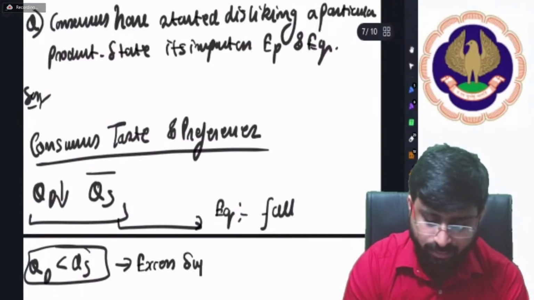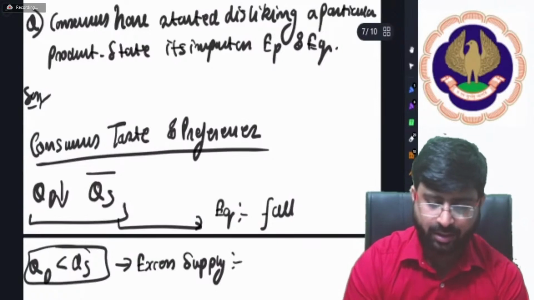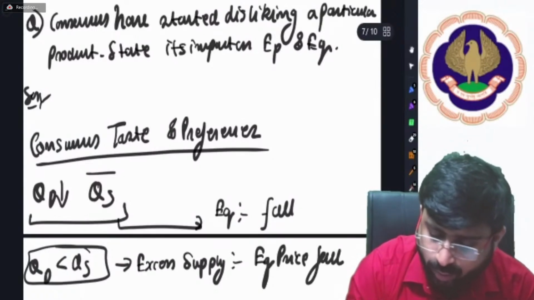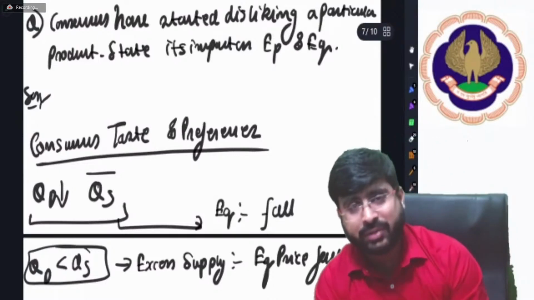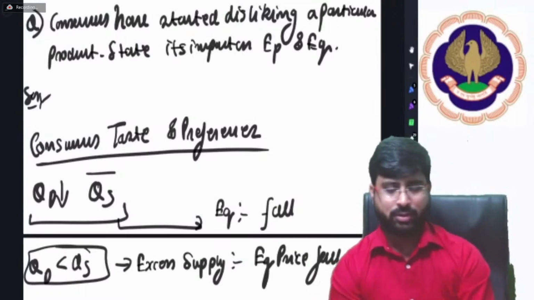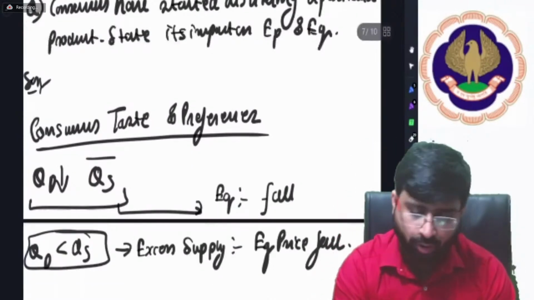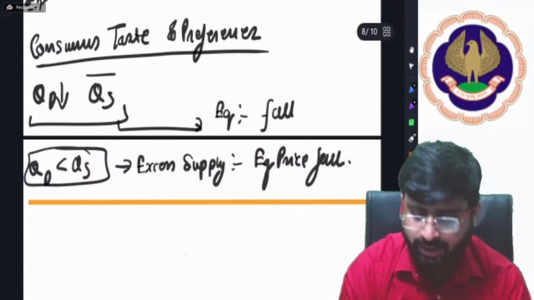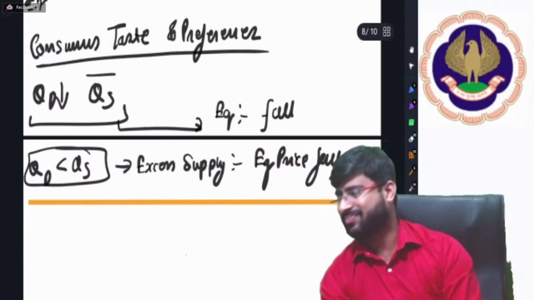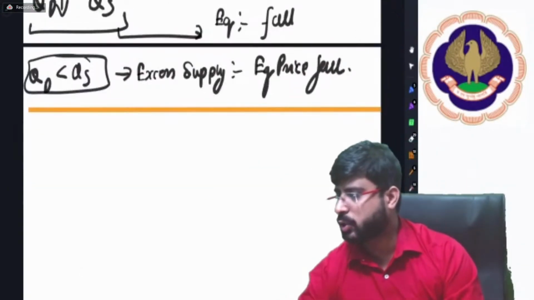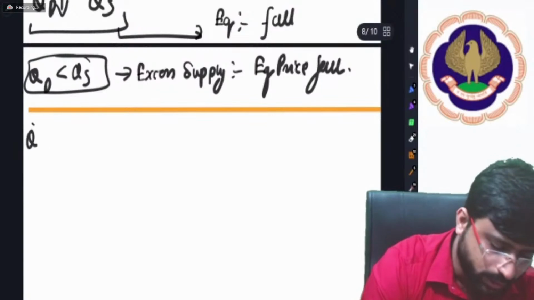Whenever there is excess supply in the market, the equilibrium price, as you already know, is always going to fall. Sir, we have understood this much. No problem, sir. Shall we? Yes. Let's go ahead and see what is going on now.